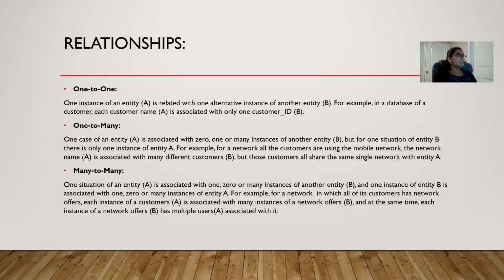That is, one single customer can have multiple network offers. And at the same time, each instance of a network offer has multiple users associated with it. That is, the instance of any network offer can have multiple users who are holding that offer. So this kind of relationship is said to be many-to-many relationship.